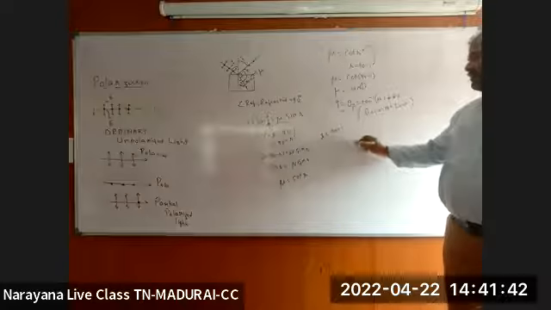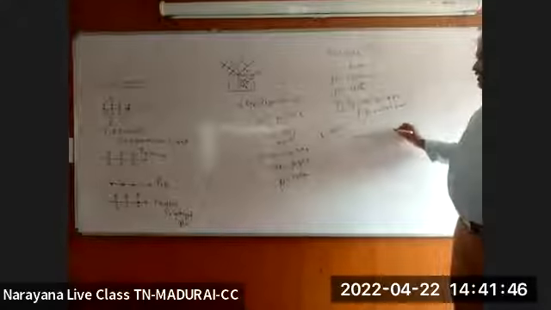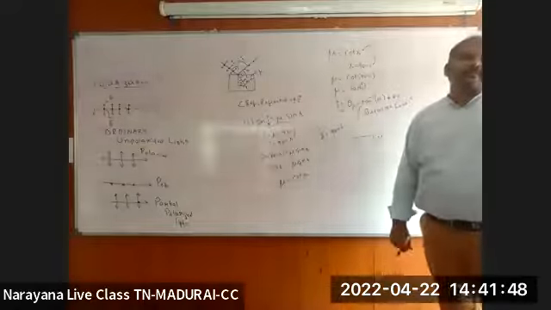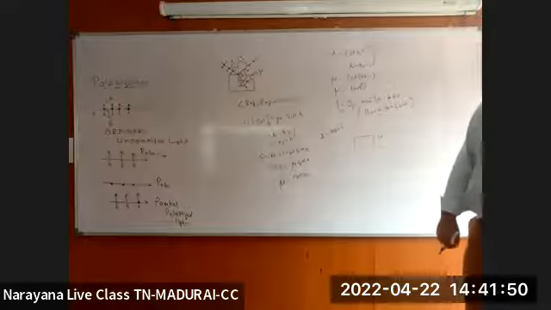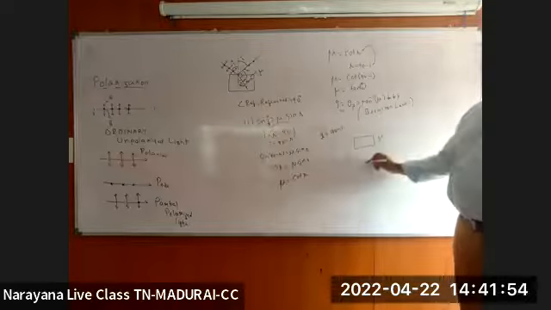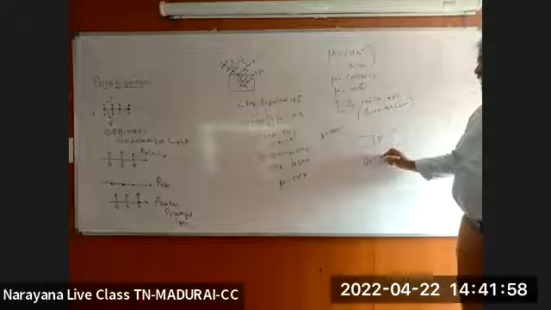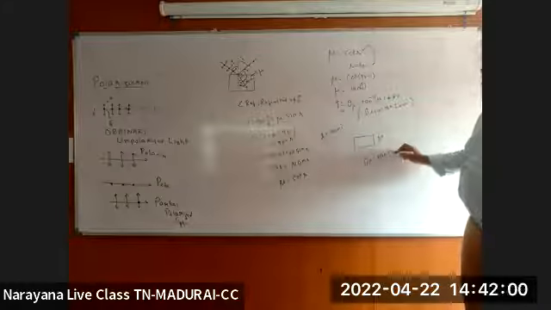Now tell me, if the glass slab's mu is equal to 1.5, at what angle of incidence should ordinary light fall for polarization to occur? Directly I can write: the angle of incidence must be tan inverse of 1.5.